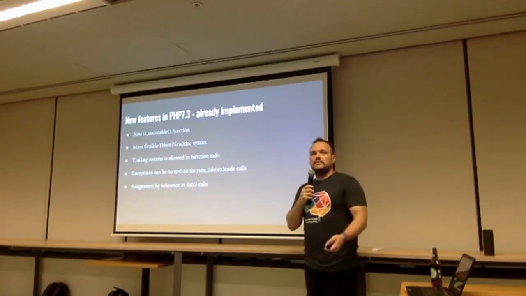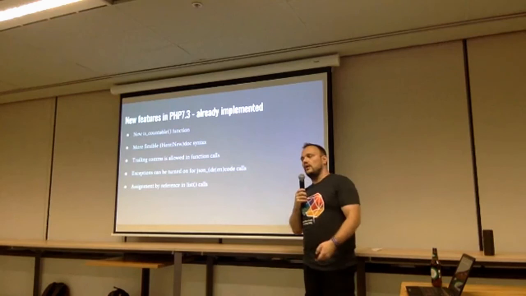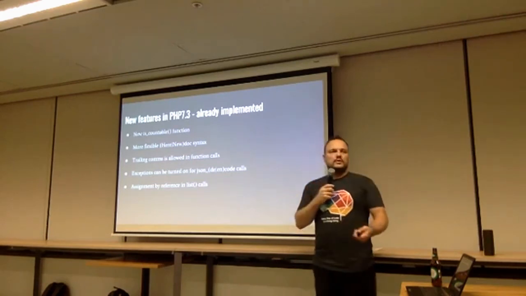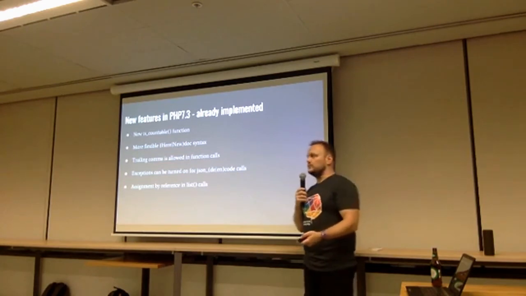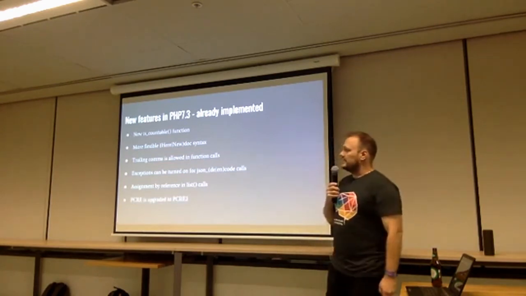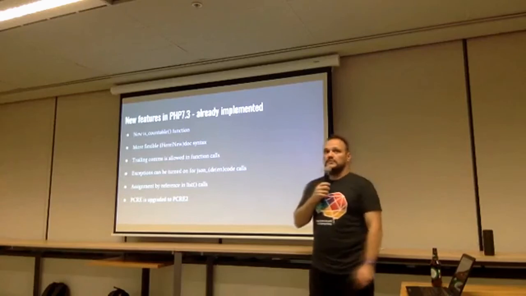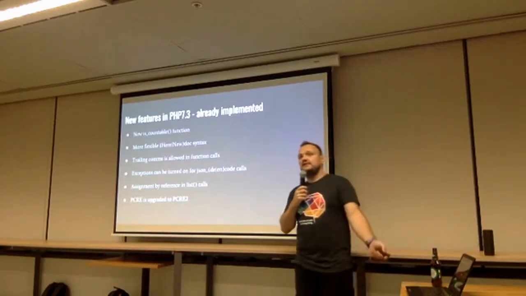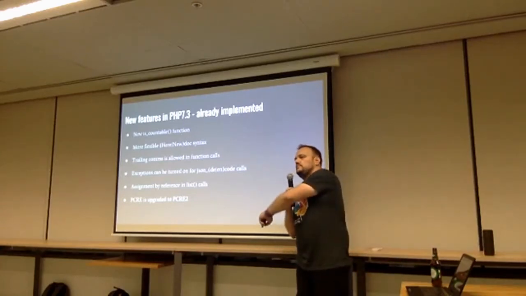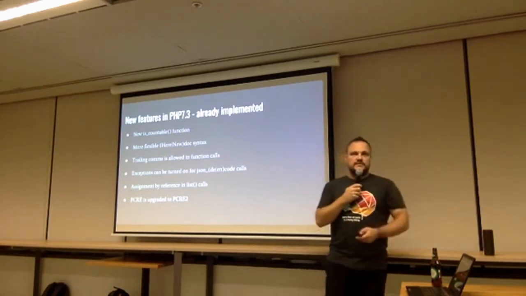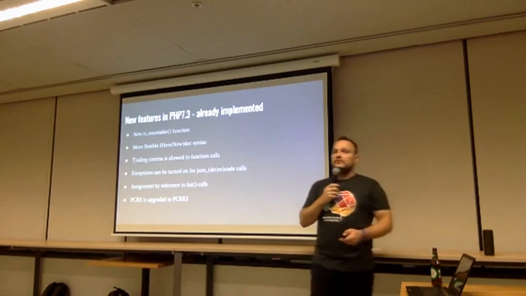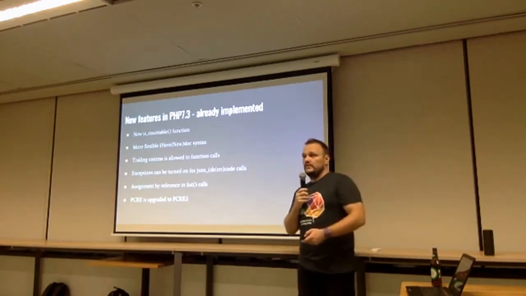There is a sixth one, which currently has no visible feature addition to PHP 7.3, namely that the PCRE library is upgraded to PCRE2, and PCRE2 comes prepackaged with PHP 7.3. For people who don't know, PCRE is the regular expression matching library of PHP.